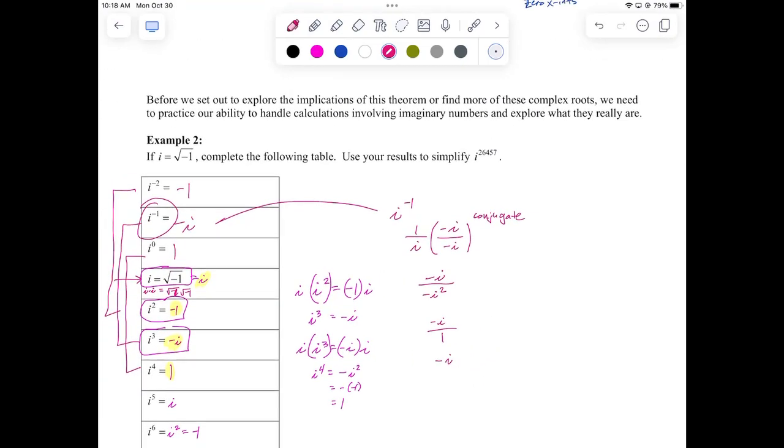Negative i. Is that the same thing we got over here by looking at the pattern? It is, right. So that's how you can get i's out of the denominator. If you remember in algebra 2, we're doing it literally right now, complex zeros, you multiply by the conjugate, and that gets the i's out of the bottom. Okay? So far, so good. Any questions?